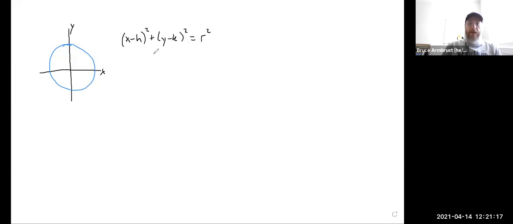But if we look at the unit circle, both h and k are going to be 0 because that's the center of our circle, and the radius is equal to 1. So let me simplify this a little bit. Now we get x squared plus y squared equals 1.